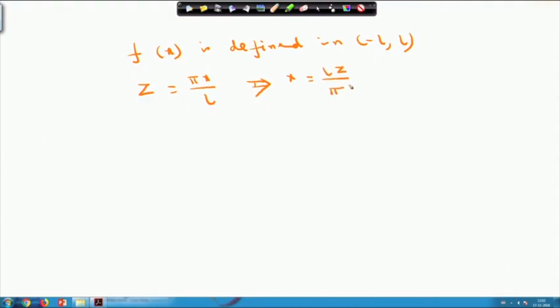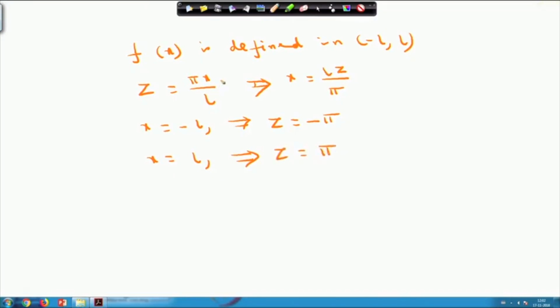And also, if you see, as x equals minus L, z will be equal to minus pi, and whenever x equals L, then z equals pi.